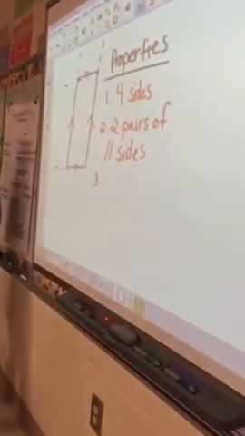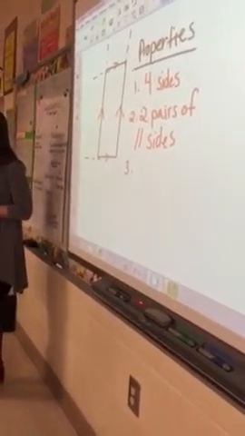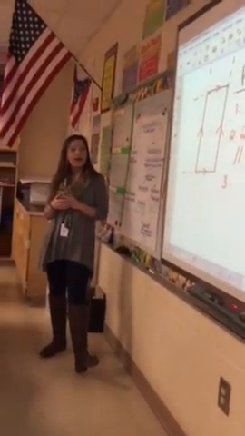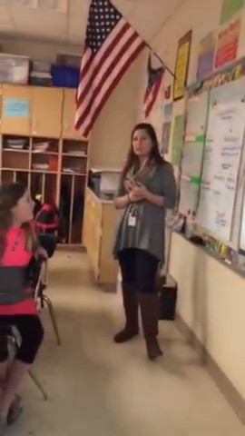So how can we describe which ones are equal and which ones are not? Look at our flow chart. How can we describe how some sides are equal and some sides are not, Asia? The longer sides, and then the shorter sides, they're not equal, because they're across from each other, right? So what do we call that when 2 lines are across from each other?